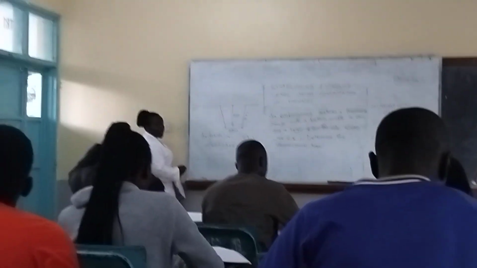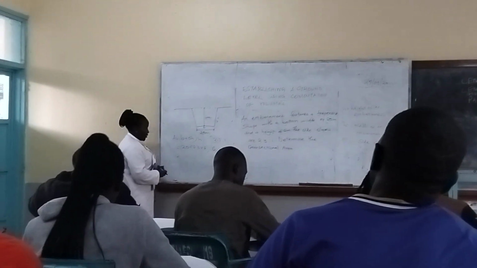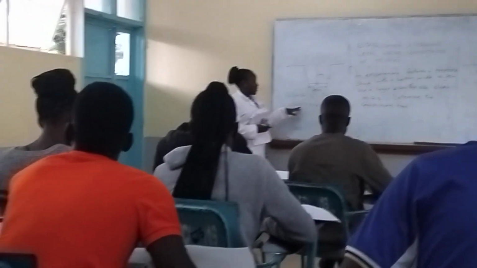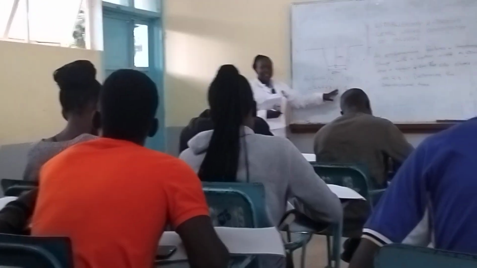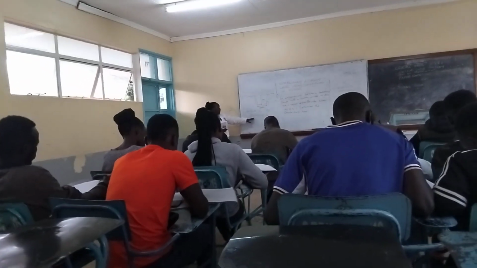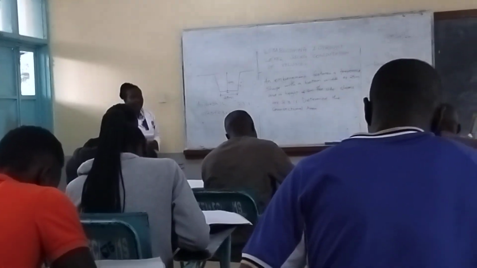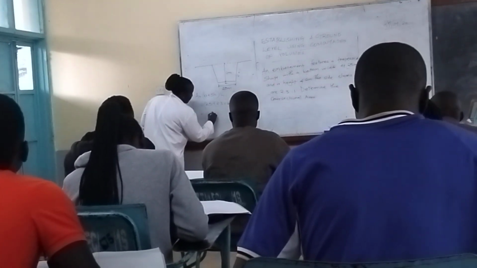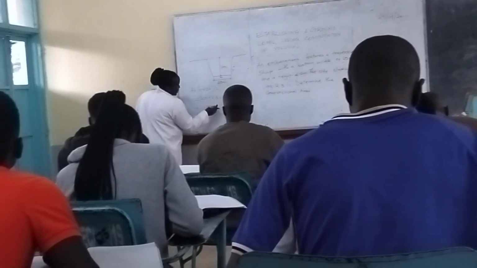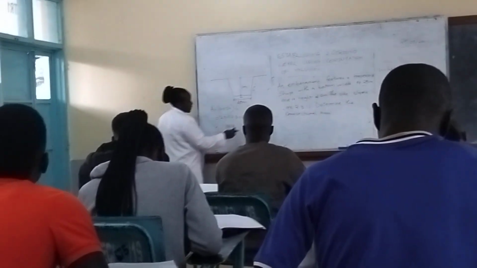Are we together to that point? So can you calculate this? 25 plus 2.3 times 6. What do we get? 38.8. Now after we got this 38.8, we come and multiply by our height, which is 6 meters.